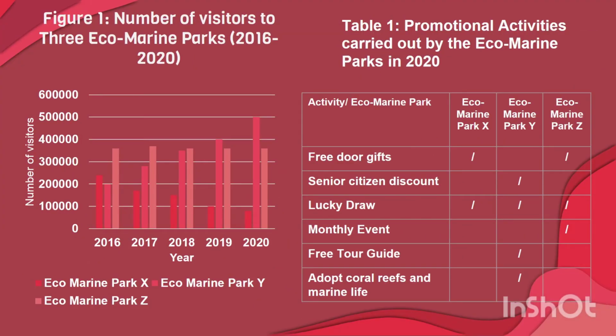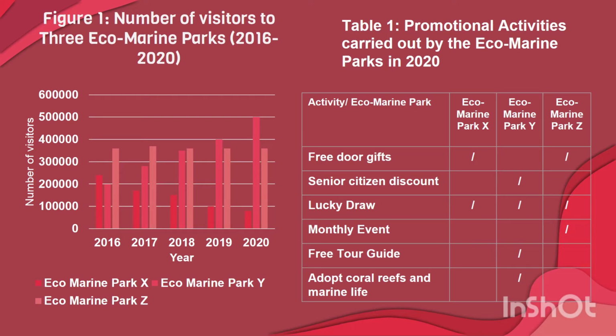So now we look at the question. We look at the title. Okay, figure 1. What is the information that you get from the title? It is about the number of visitors to 3 eco-marine parks from 2016 to 2020.